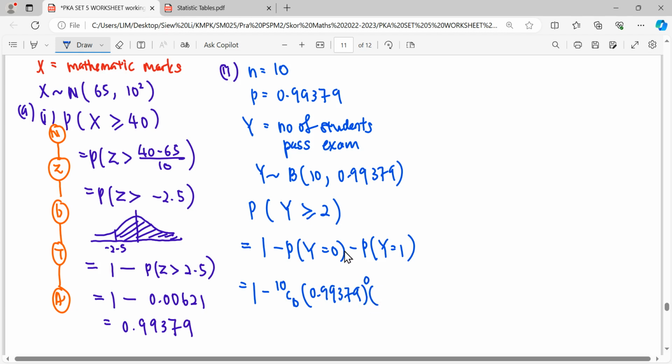Q can be obtained by 1 minus P, then minus 10C1.